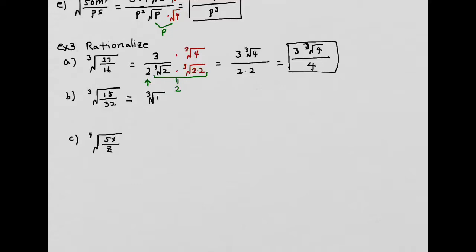Cube root of 15 will stay as it is because you cannot simplify it. 32, we know that equals 2 to the 5th exponent, right? So 3 of 2 comes out. And how many 2s are staying? 2 squared, right? 3 came out, 2 will stay in. So this is the simplest form.